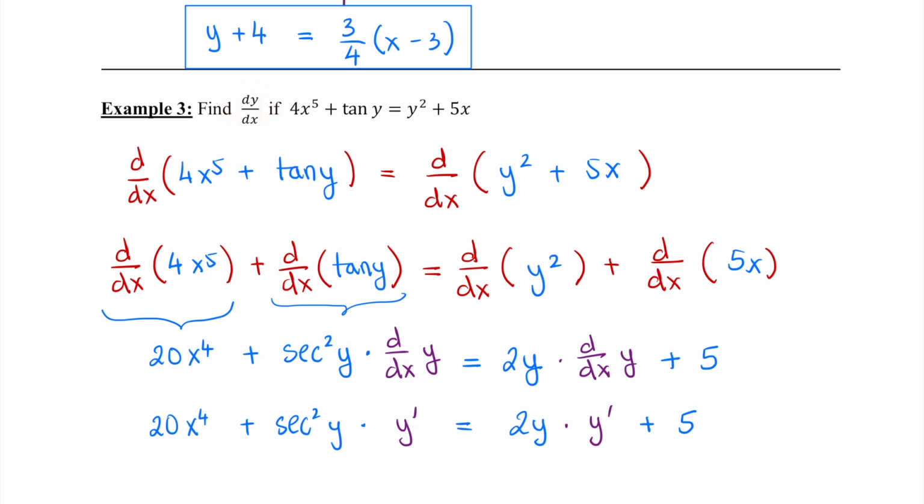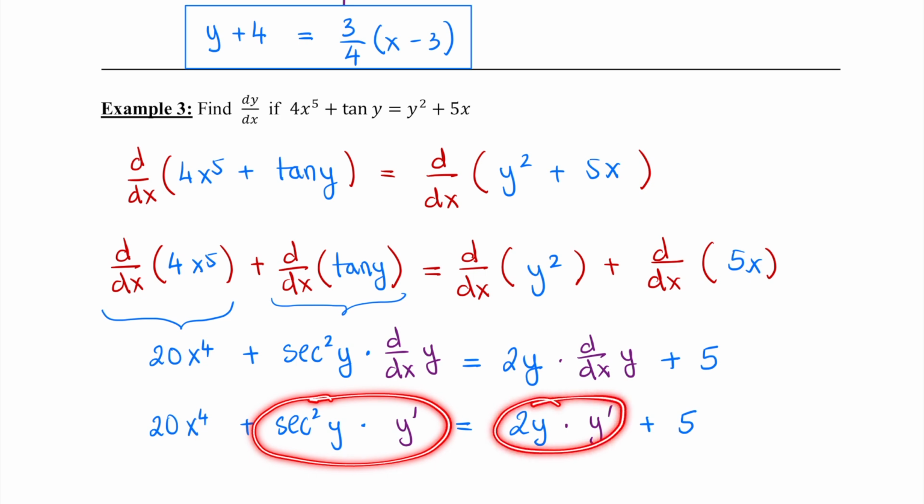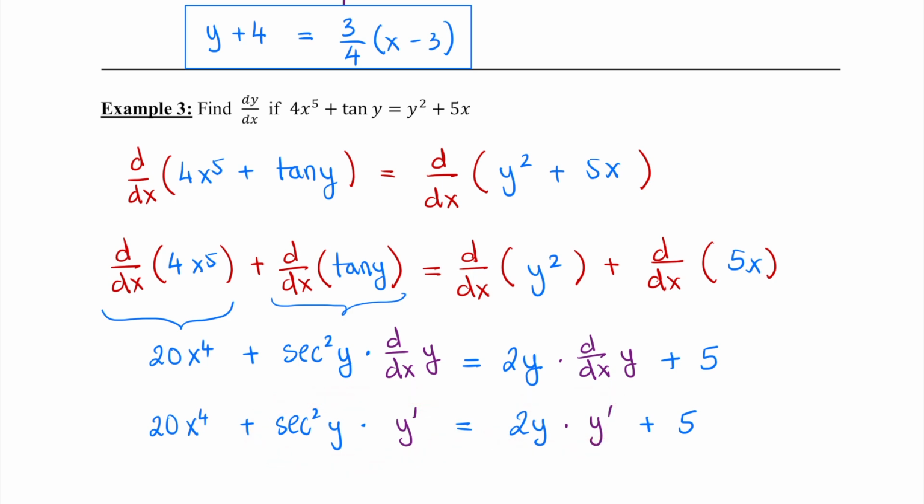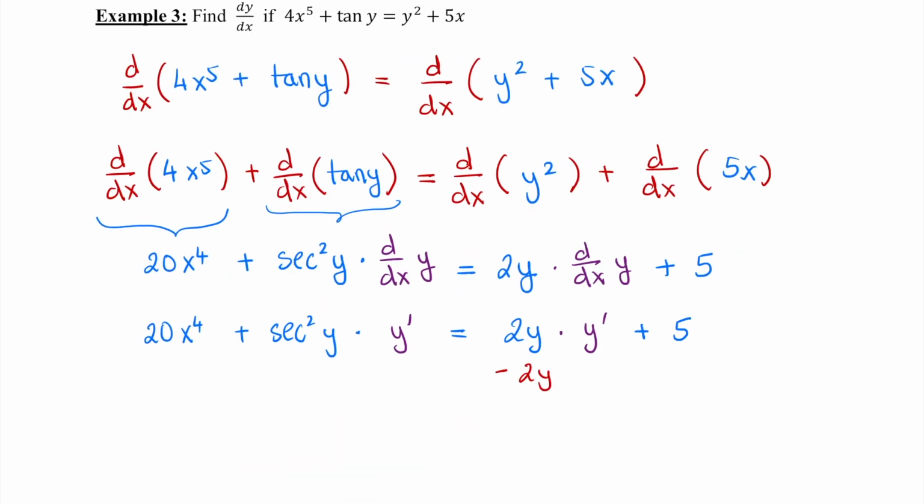So from here, we need to solve for y prime. This term and this term contain y prime. So we need to move them all to one side. So I'm going to go ahead and subtract 2y prime from both sides. And we need to move the term without y prime to the other side.